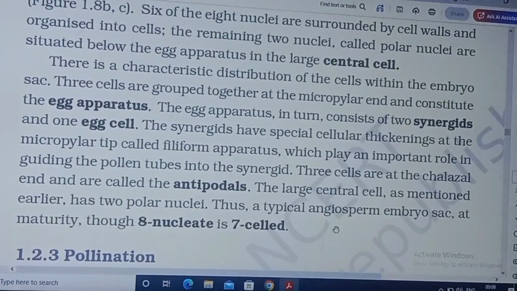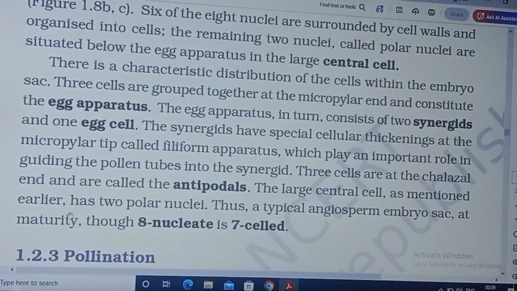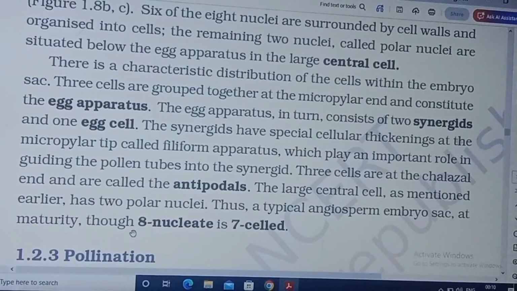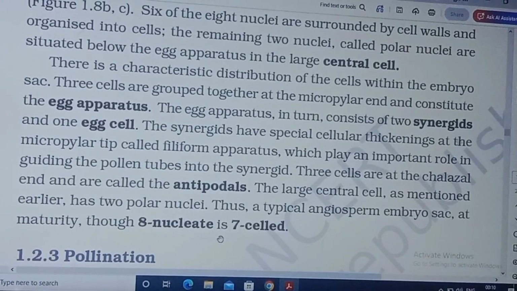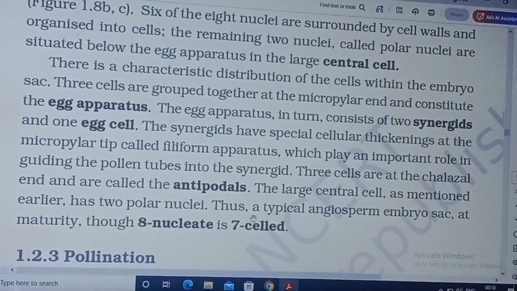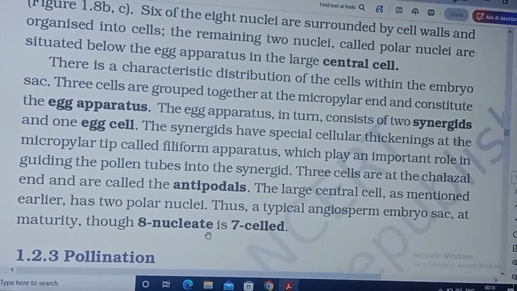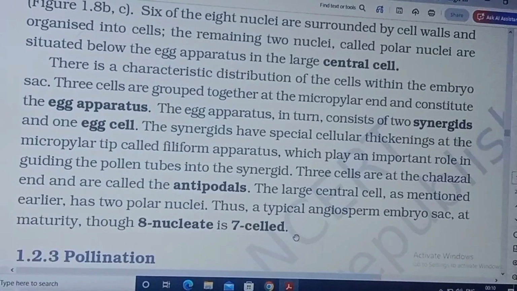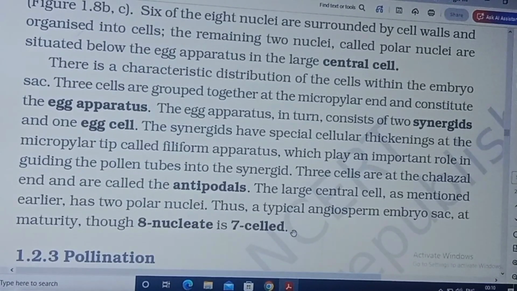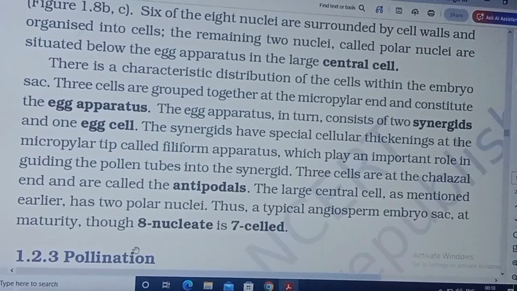Thus, a typical angiosperm embryo sac at maturity is eight nucleated and seven celled. These are very important words. This is asked in many examinations. In NEET also it was asked.